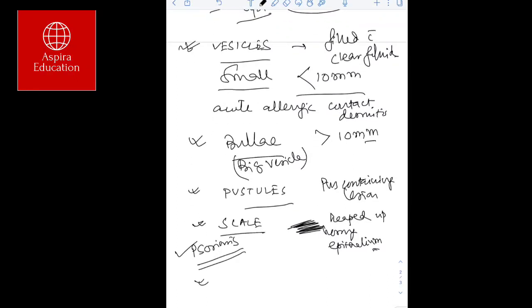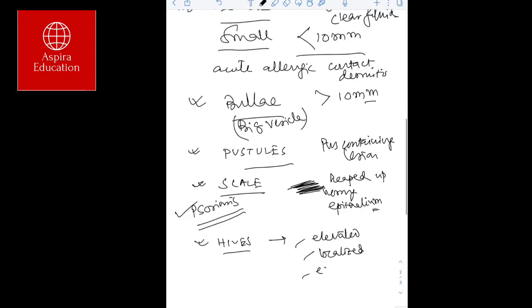Okay. Then we are coming to hives, or urticaria. So what is this? These are elevated, localized, eczematous, therefore pruritic, and erythematous, that means reddish.